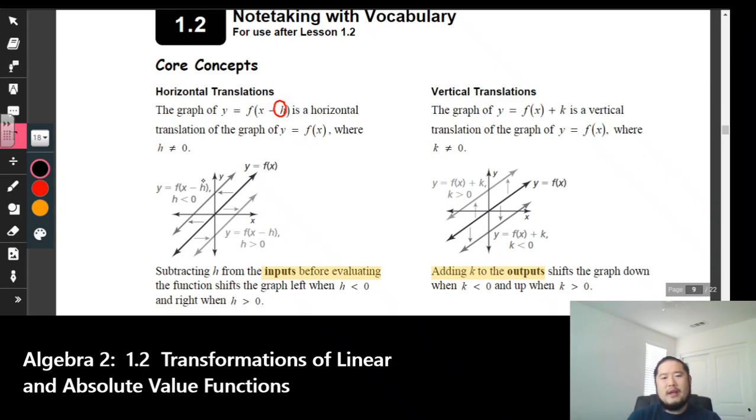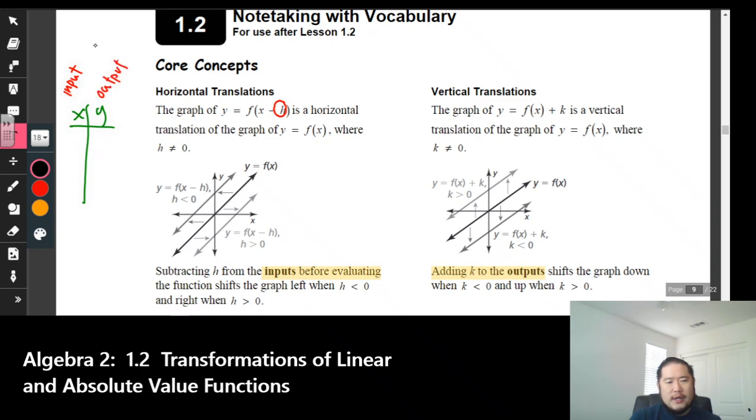Now, the big thing that you need to understand is the term you're going to hear a lot down here, it's highlighted, input. When we talk about horizontal translation, what I'm going to say a lot is that it impacts the input. Now, what is the input? In Algebra 1, if you remember, when we talked about x and y, we made a table. You should have been told that x is your input and y is the output.